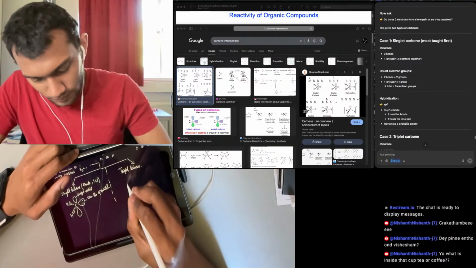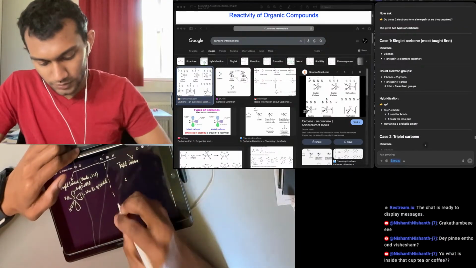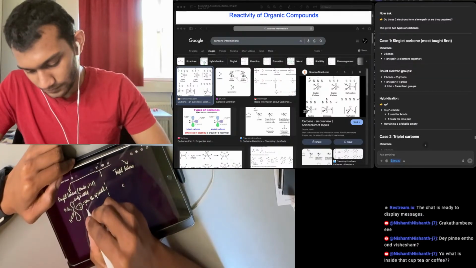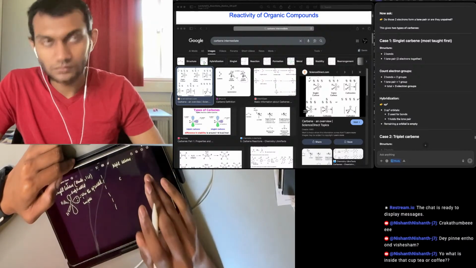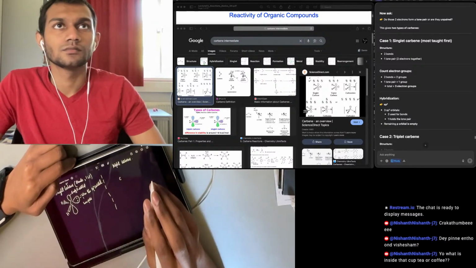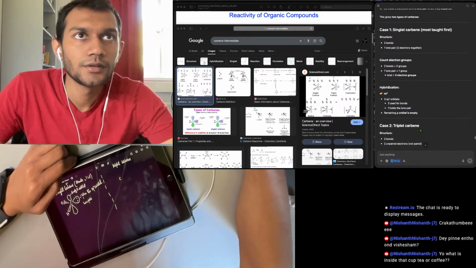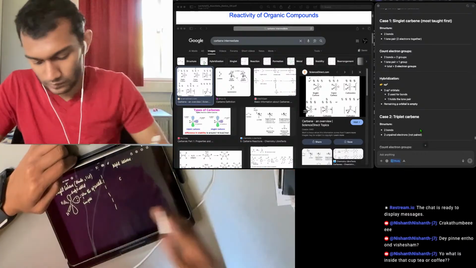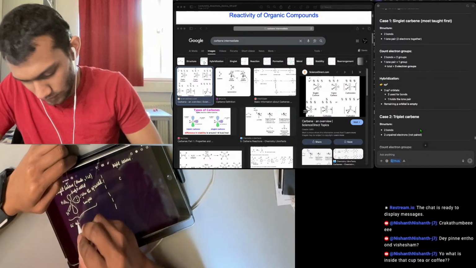Okay, let me see. The other one would be, no, let me first write this. So one lone pair. Is there more to write here? No, p orbital is empty. Six electrons in total.